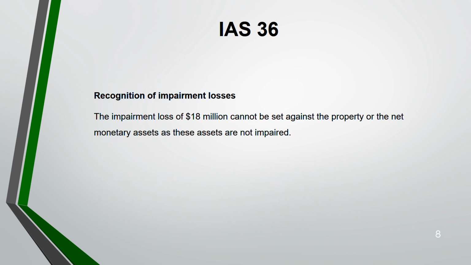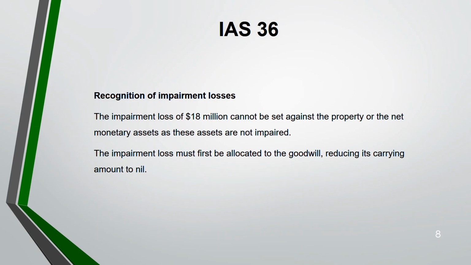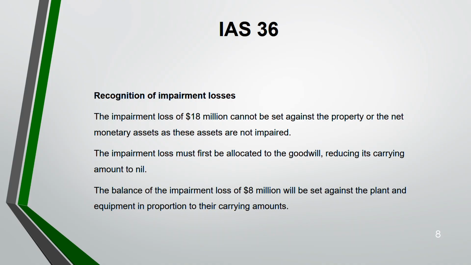So first you will allocate against goodwill. So goodwill amount is 10 million. So if you allocate against goodwill, from 18, 10 million will go to goodwill. What is the impairment loss that is remaining? 8 million. So the remaining 8 million impairment loss you will set off against the plant and equipment, not fully, in proportion to their carrying amount.